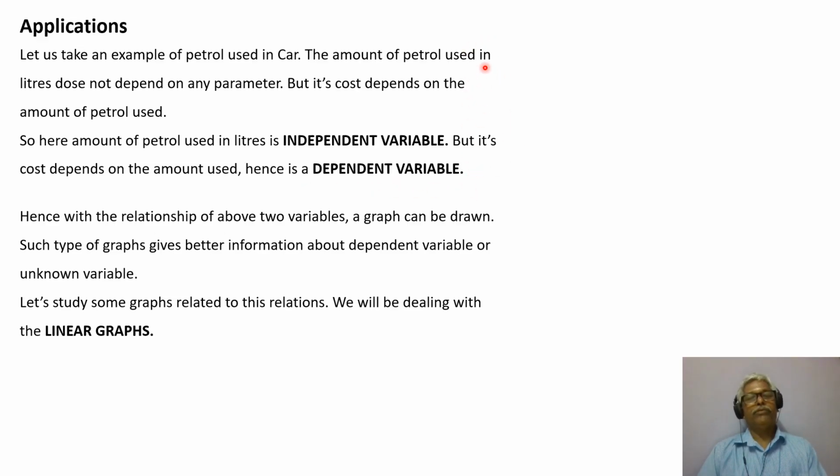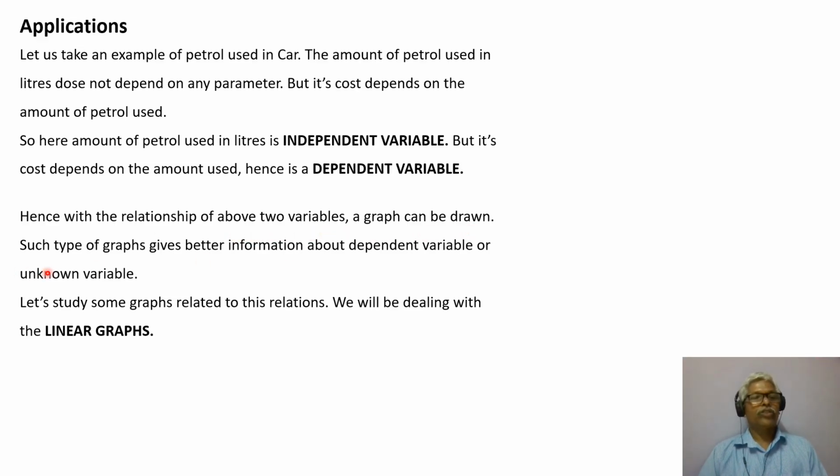Read this many times and try to understand this. If you still face a problem, write to me in the comment section and I will explain it to you personally. So go to this comment. Hence, with the relationship of two variables, a graph can be drawn.